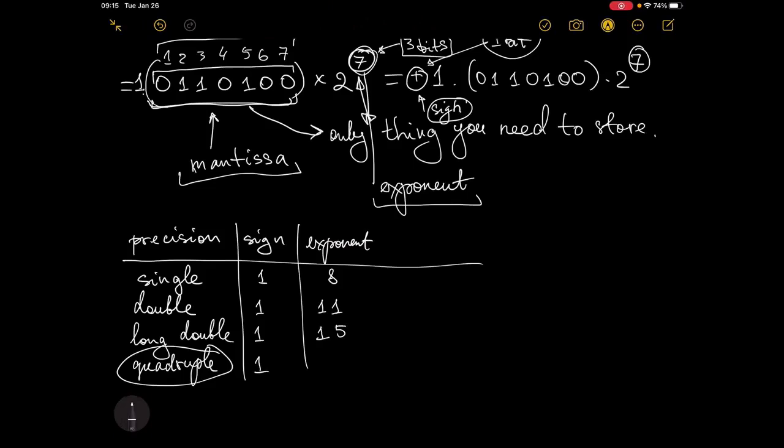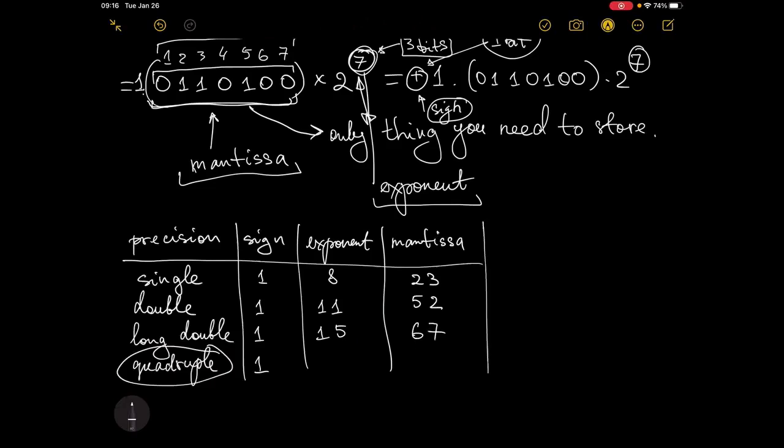Let me limit myself to just these 3. And mantissa: single precision uses 23 bits for the mantissa, double precision uses 52 bits, and long double uses 64.